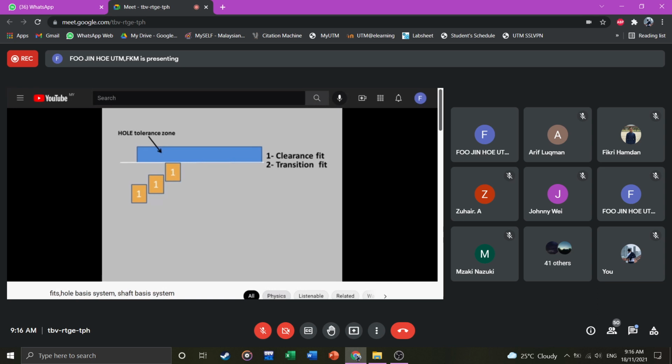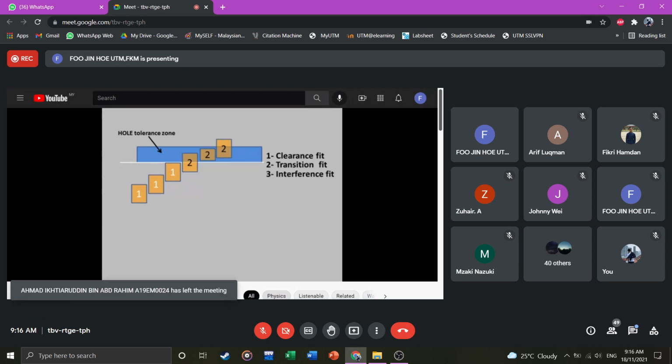In transition fit, the shaft tolerance zone must overlap hole tolerance zone partially or completely to ensure the possibility of both clearance fit and interference fit like this. And in interference fit, the lower limit of shaft must be greater than the upper limit of hole. That means the shaft tolerance zone must be above the hole tolerance zone like this.